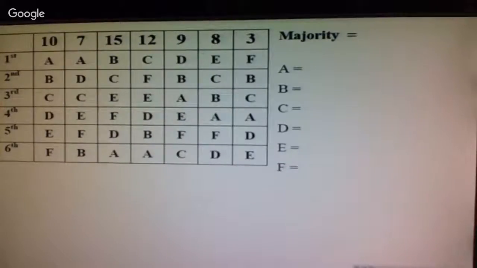All right. What do we need for a majority here? 33. Okay. Right now, A has 17. B has 15. Then we're at 12, 9, 8, and 3.